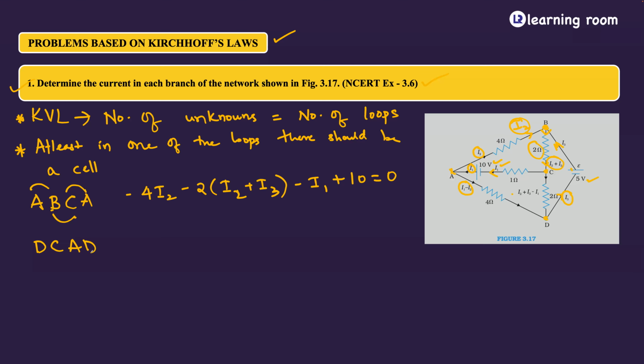I1 is getting multiplied with 1 ohm. V is equal to, when there is a cell, just write EMF. When there is a resistor, multiply that resistance value with current. Understood?